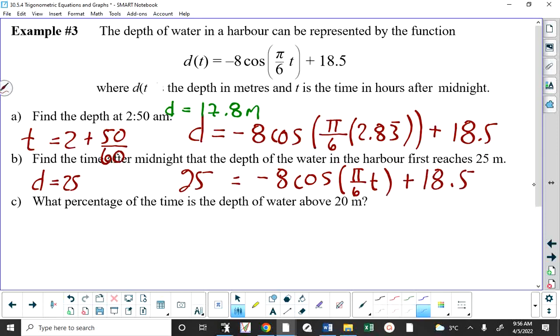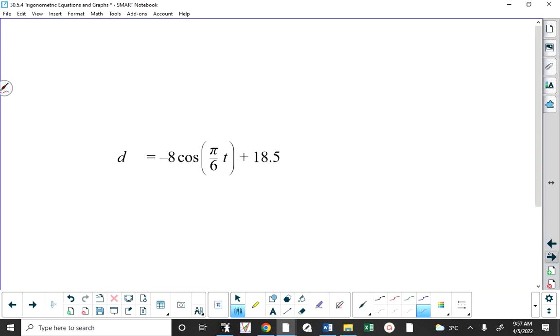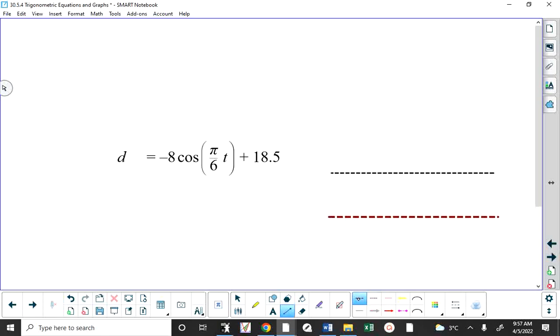So now we're solving for t. You cannot solve this algebraically. So we need to know the period and the range of this function to solve it graphically. The middle of this graph is at 18.5 meters. The amplitude is 8.